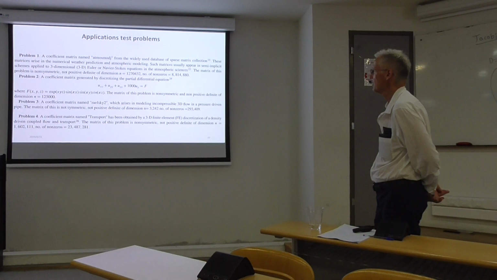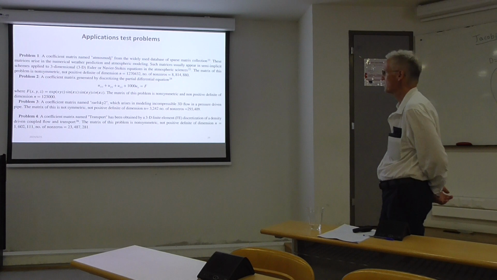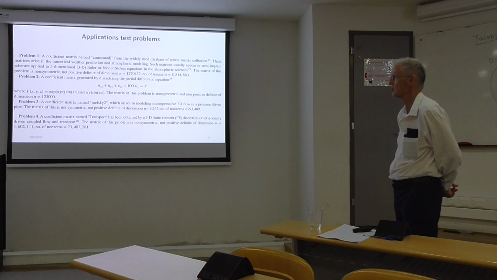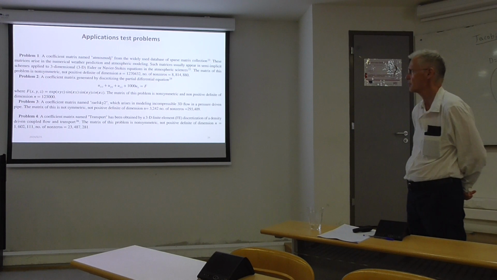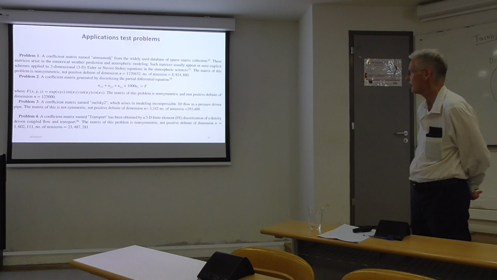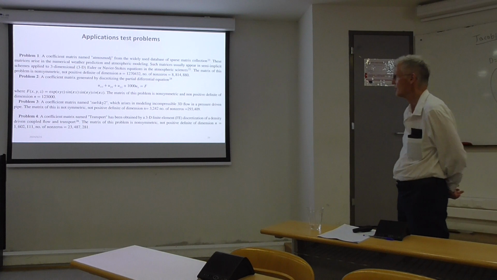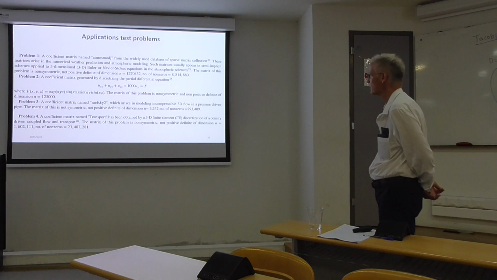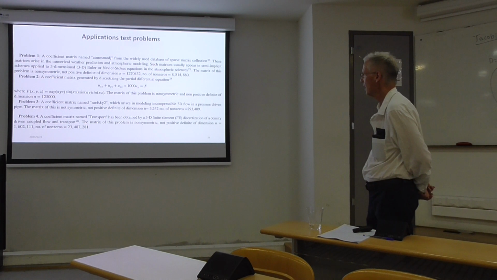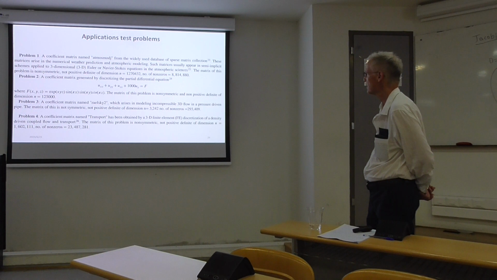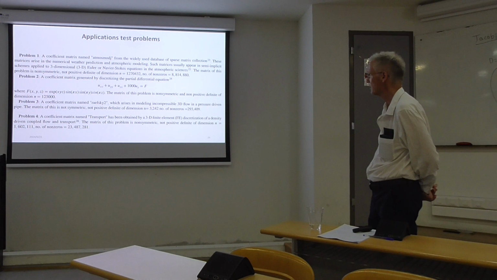So the first one is called Atmos mod J. It is from numerical weather prediction and atmospheric modeling. This is 3D Euler or Navier-Stokes equations in atmospheric sciences. And the matrix has a size of 1 million or more. And the non-zeros are about 8 million.